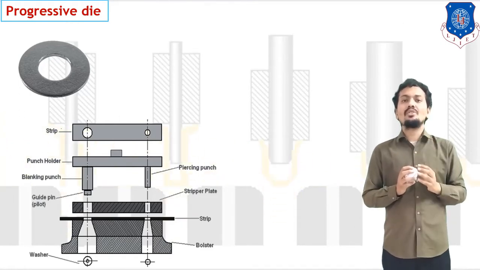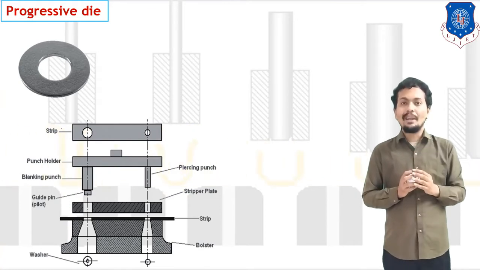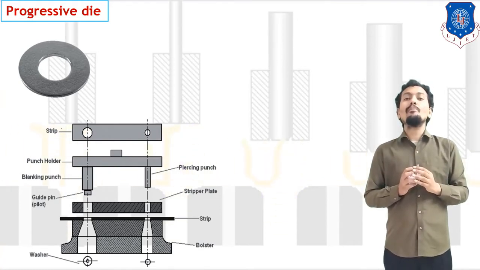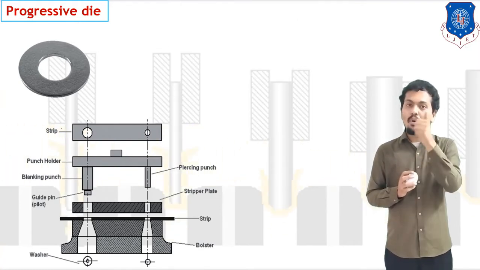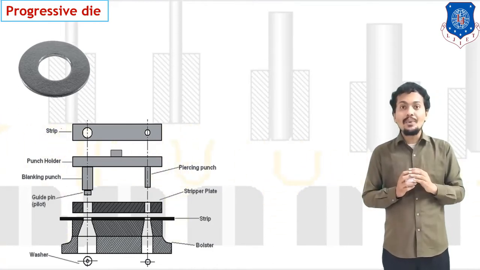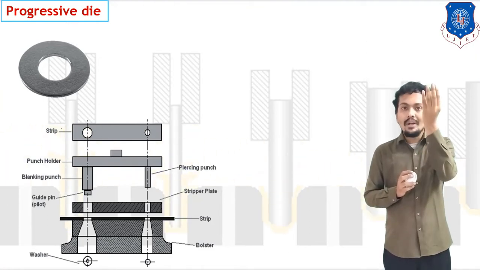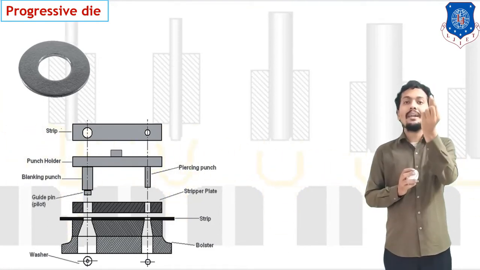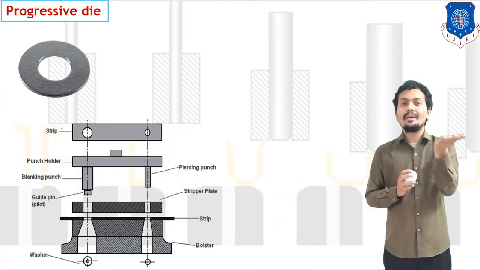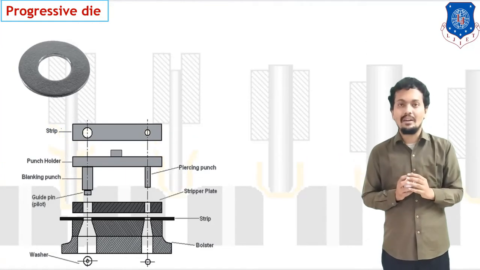This type of washer can be used in a nut and bolt assembly for proper gripping, right? So how can we make this type of washer? A progressive die is used. As per the name, what happens is that at one place a hole is cut, and after the progress of the sheet metal, the final washer can be cut, right?